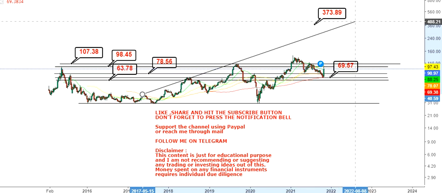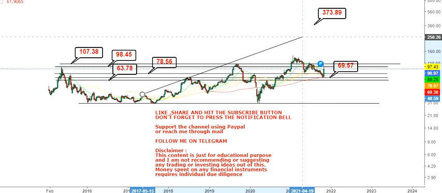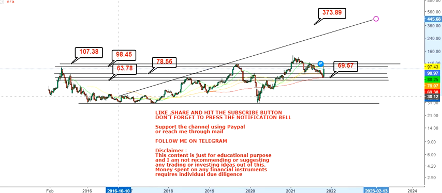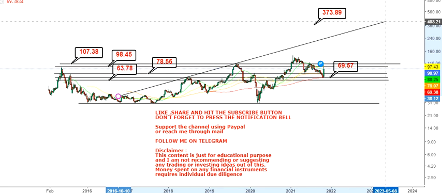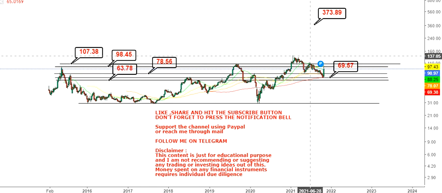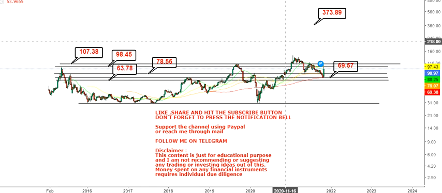Now if I draw a trend line like this, this will also solve the problem, but this requires multiple hurdles and I need to draw multiple levels.